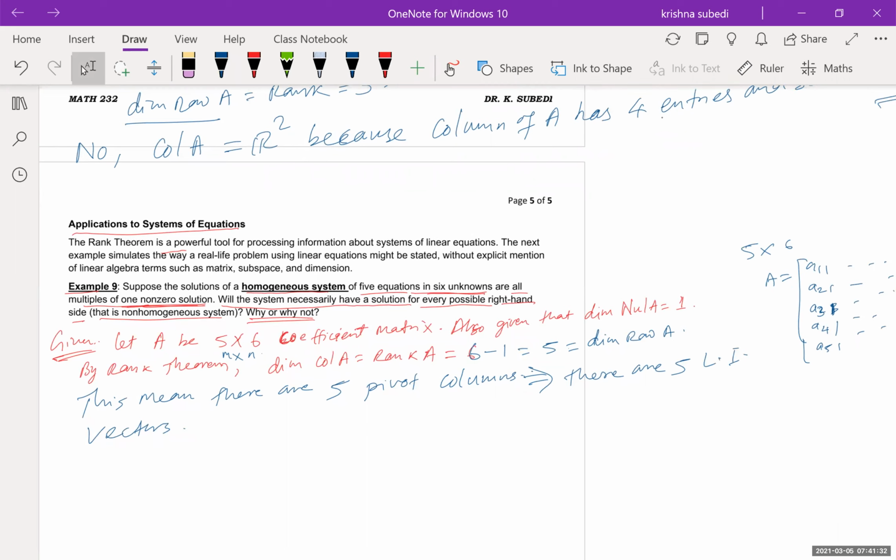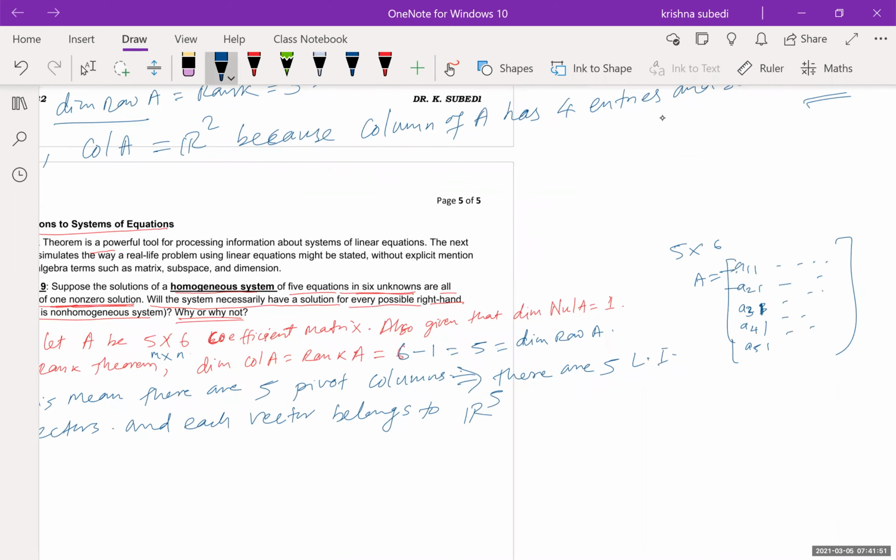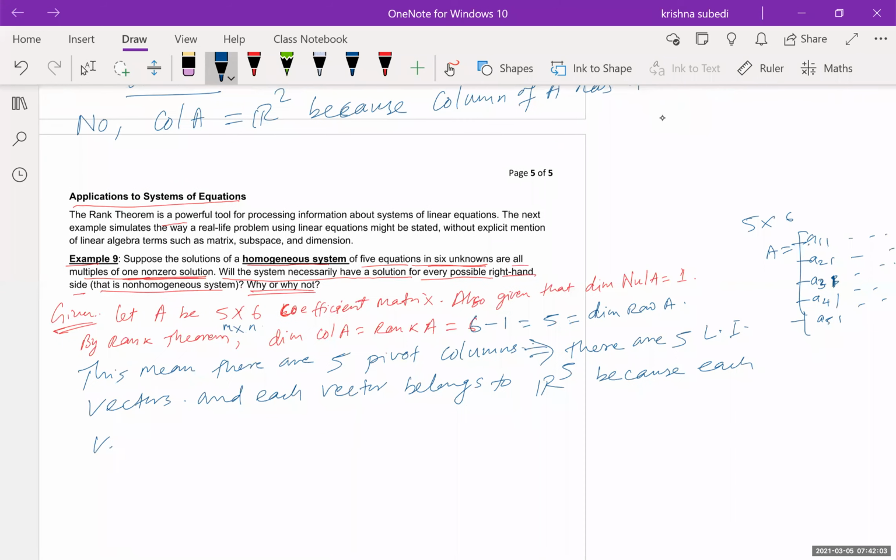That means you have 5 linearly independent vectors, and each vector belongs to R5, because each vector has 5 entries.